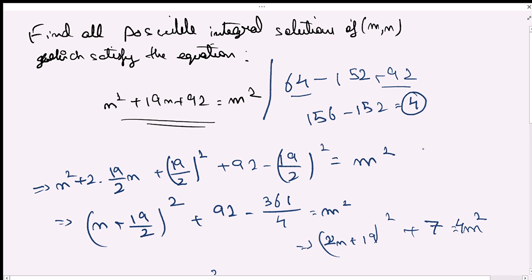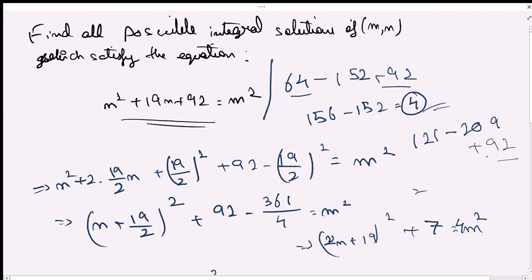Similarly, if n equals minus 11, so from here what we get is that 11 square becomes 121 minus, here we have 19 times 11, that is 209. Clear? And plus we have 92.